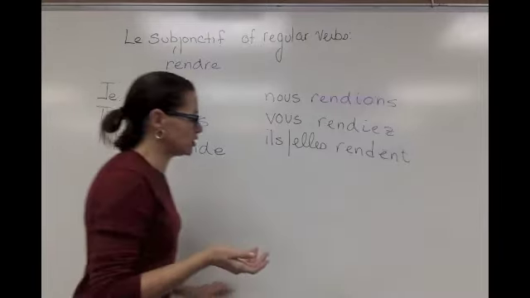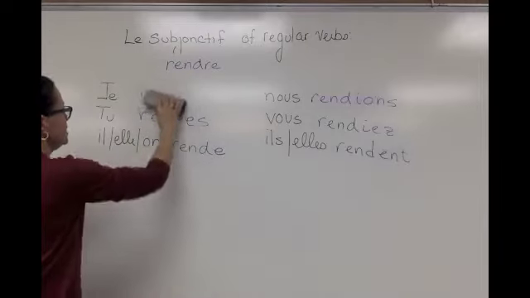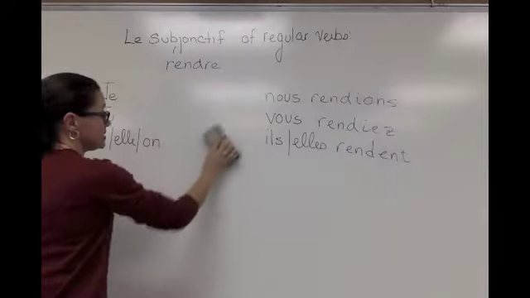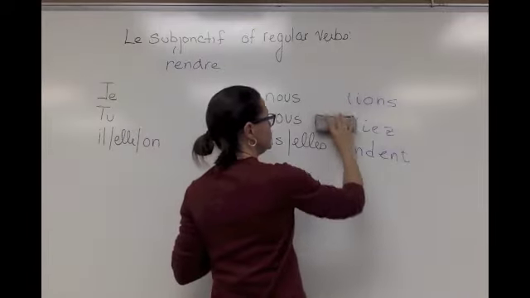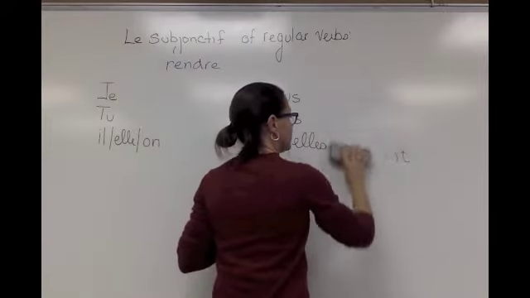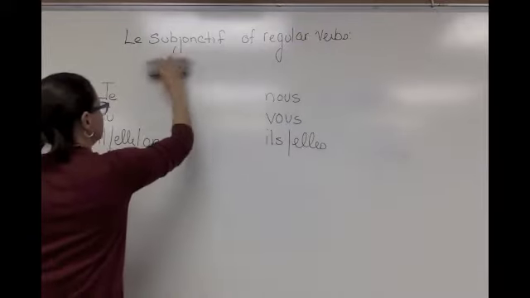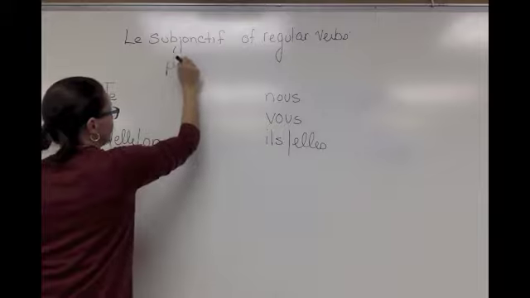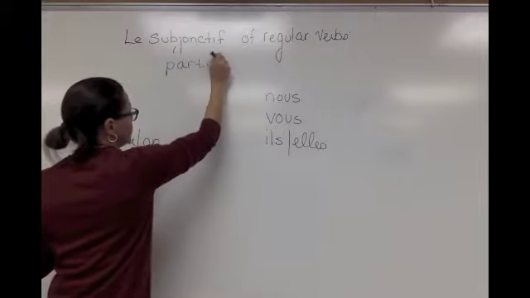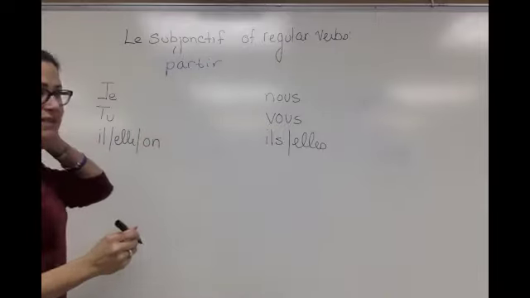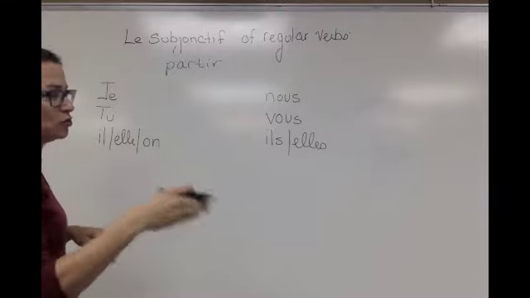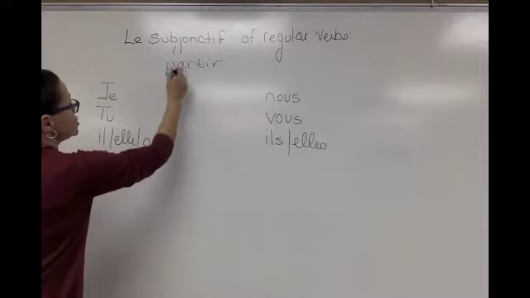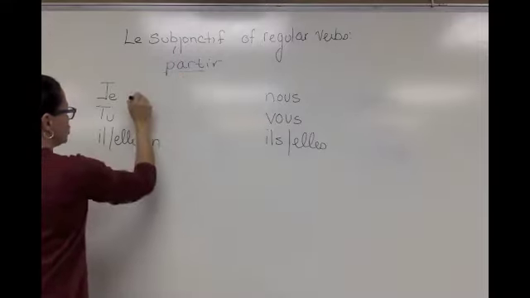Another verb that we can look at, for example, is partir. Partir is considered irregular in the present tense. But let's take our root. Je pars, tu pars, il part, nous partons, vous partez, ils partent. In the present tense, remove your ENT ending. So you're going to have part.